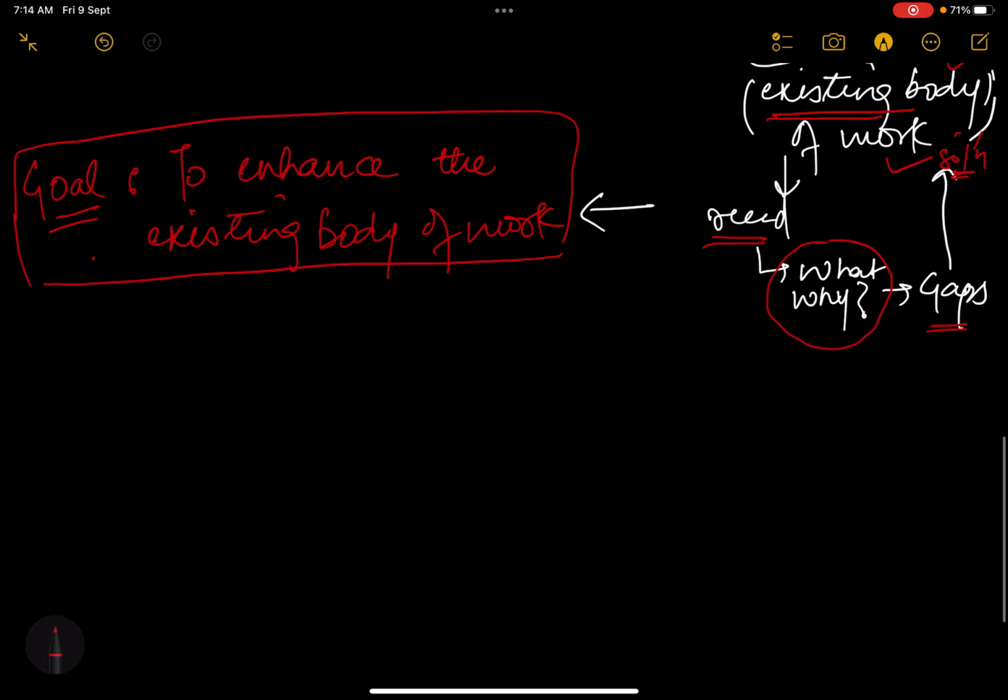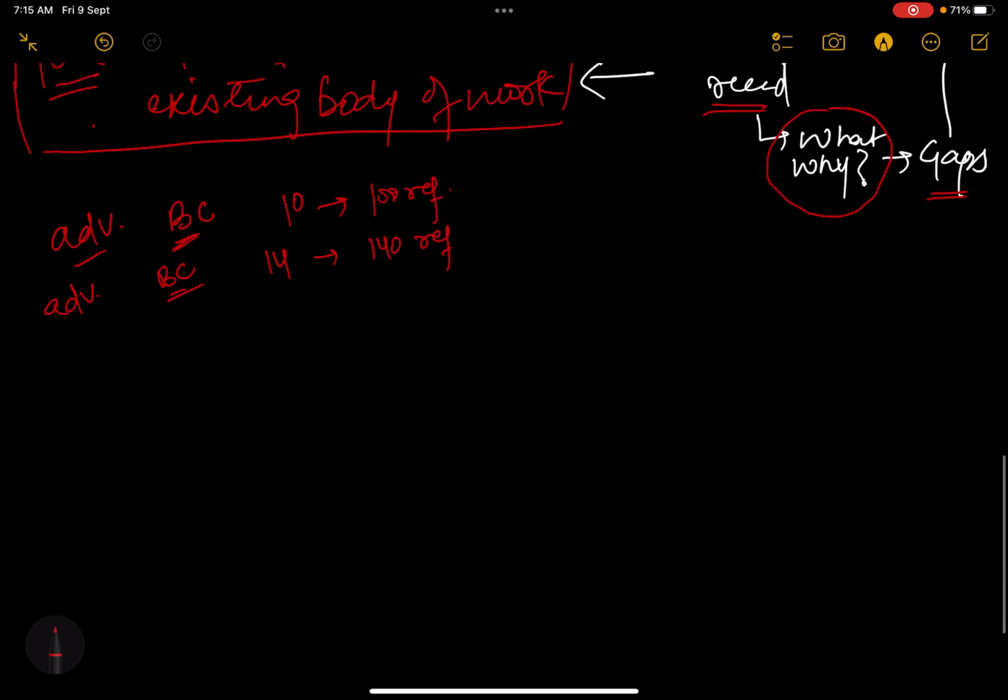I mean, if someone has written advantages of blockchain, they have written 10, they've given 100 references, right? And you're feeling that it is not up to the mark, so you also start to work on advantages of blockchain, and you write 14, and you give maybe 140 references. But then someone else comes into the picture and thinks that the advantages are covered, but no one has talked about disadvantages of blockchain, and he proposes 5 points with 10 references.